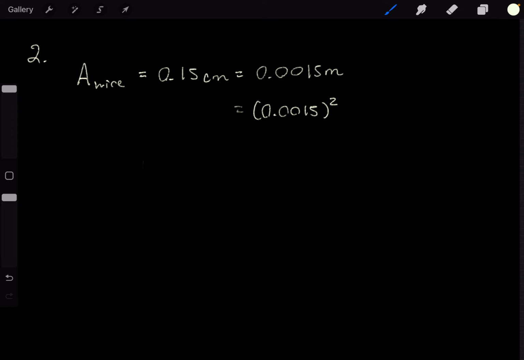So the area of a single atom, modeled as a square with the interatomic distance d as the side length, is d squared. And d squared is, according to the given value, 2.28 times 10 to the negative 10th meters squared. Now we determine the number of these atomic squares that can fit into the cross-sectional area of the wire.